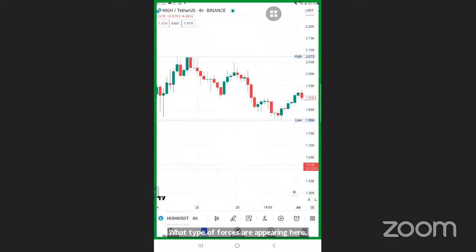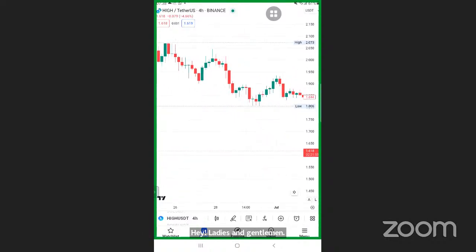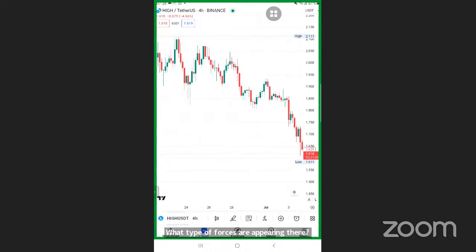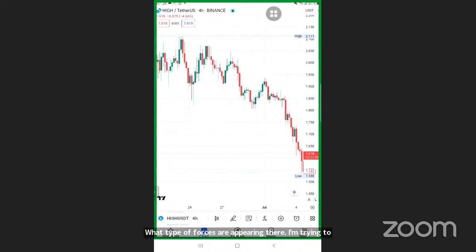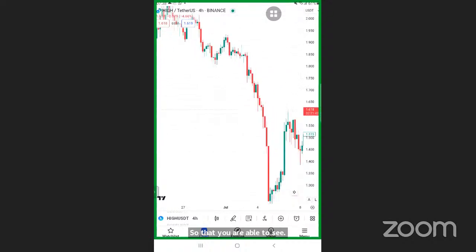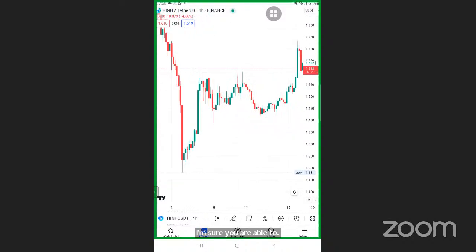If I can enlarge that, what type of forces are appearing there? I'm trying to take you so that you are able to see. I'm sure you are able to get meaning out of this. I'm just navigating.